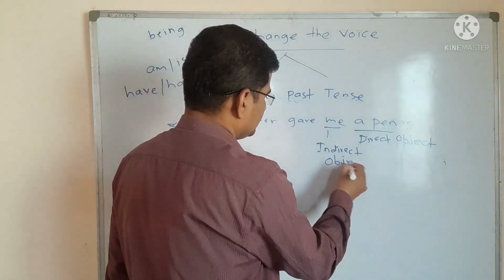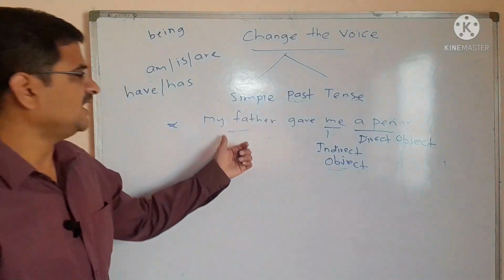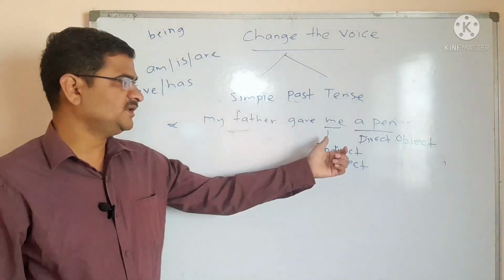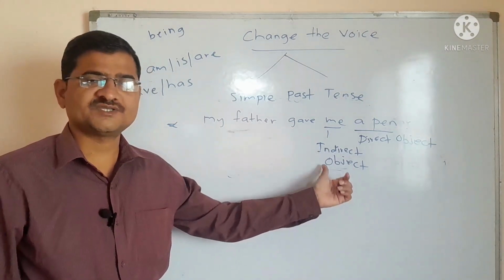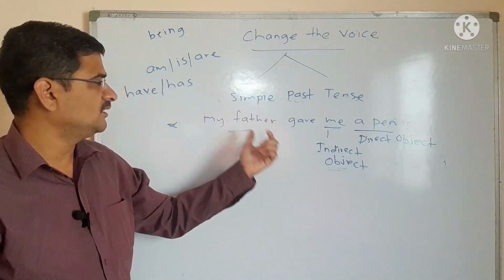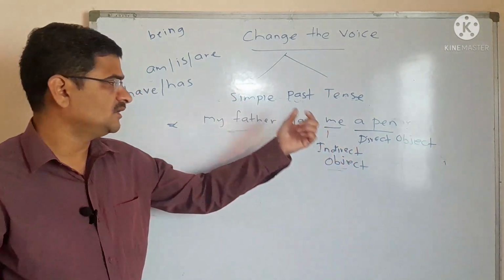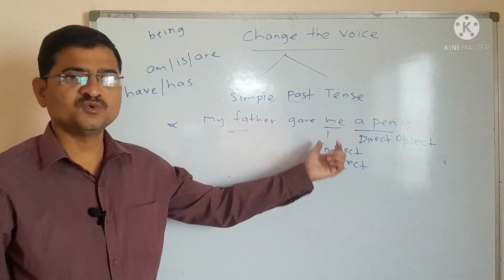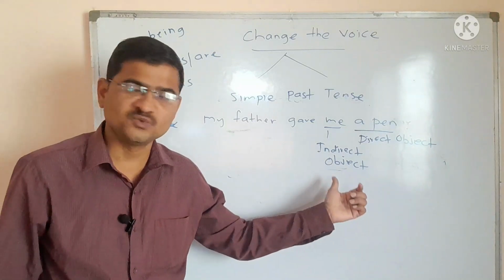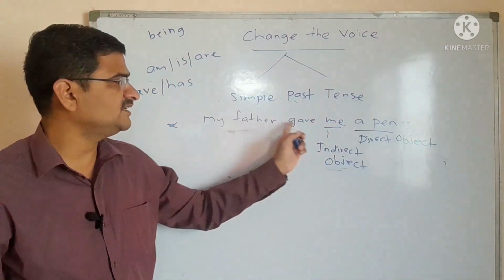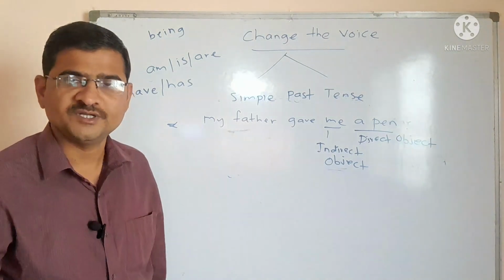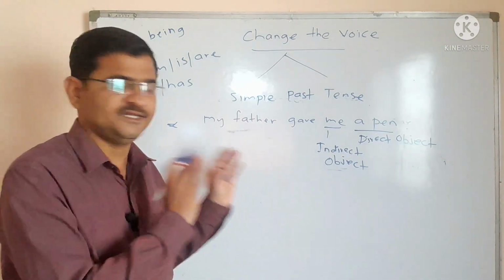Here you can get an indirect object by asking the question with to whom. To whom did my father give a pen? You can ask the question with to whom to get an indirect object here.